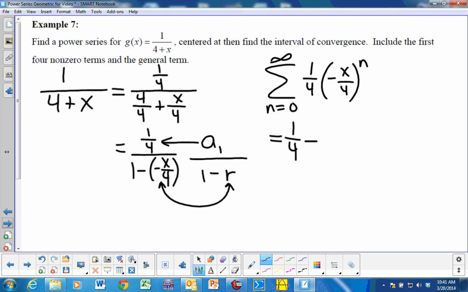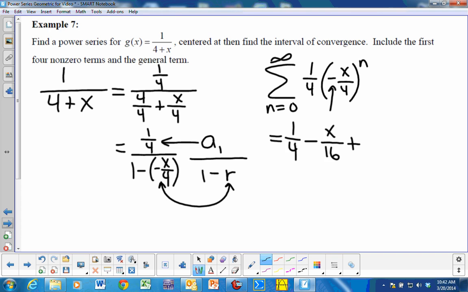When I plug in 1, I will get negative, and a fourth times a fourth, so I'll get negative x over 16. Then when I plug in a 2 for n, that'll make it positive, because an even power will make that go away.